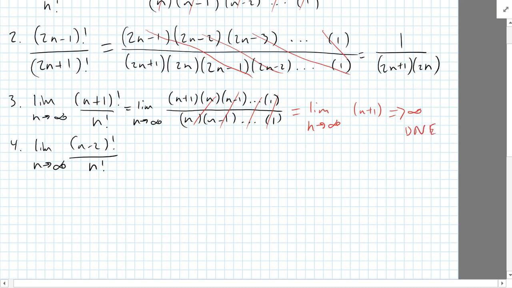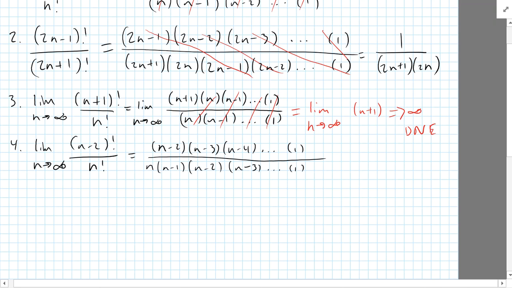For my last one, I'm going to end up with n minus 2 on top, and then it's going to be n minus 3, and then n minus 4, and then n minus 5, right? All the way down to 1. Whereas on the bottom, I start at n, and then I get n minus 1, then I get n minus 2, and n minus 3, and dot, dot, dot, all the way to 1. The n minus 2 cancels out, the n minus 3, then it's 4.